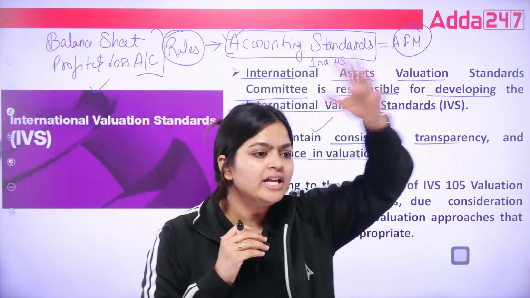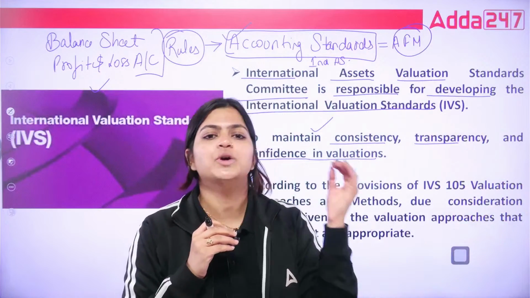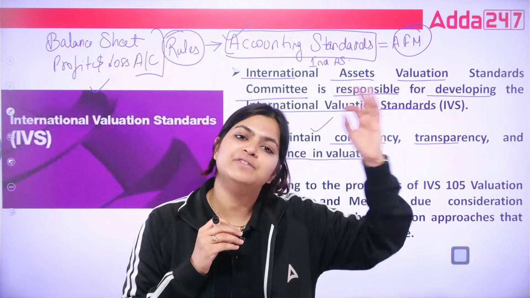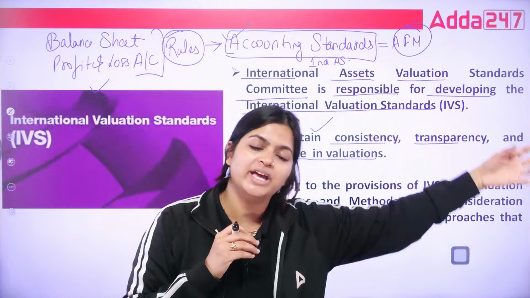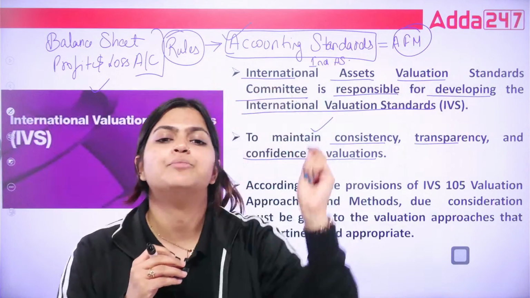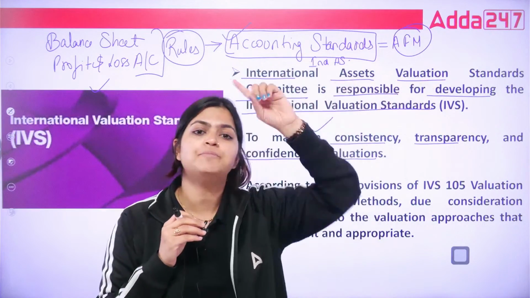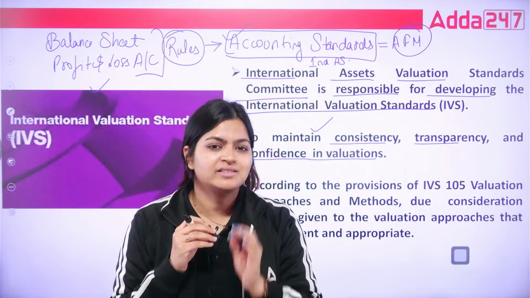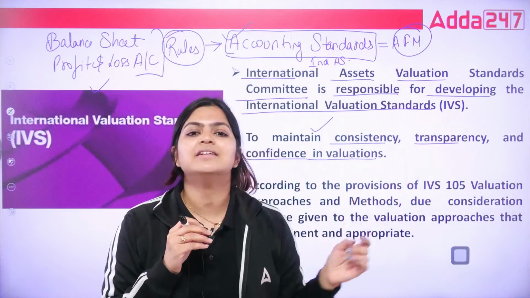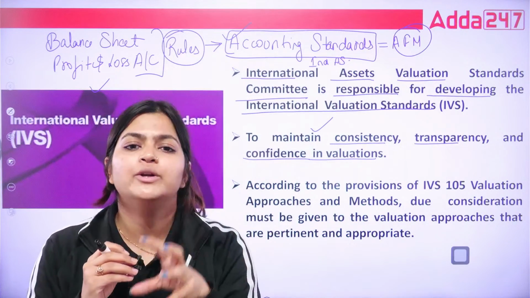So any company, apart from Indian companies, you can value it, and everyone will accept it, whether that person is from the UK or the US, because you are following international practices of valuation. And whenever you are following international practices, that is going to be accepted worldwide. That is the advantage.